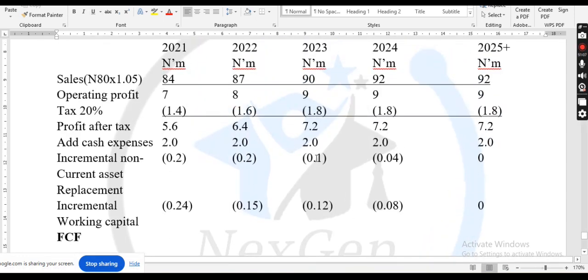Yes, I think the answer given was approximated. Okay, 0.09. That's fine.